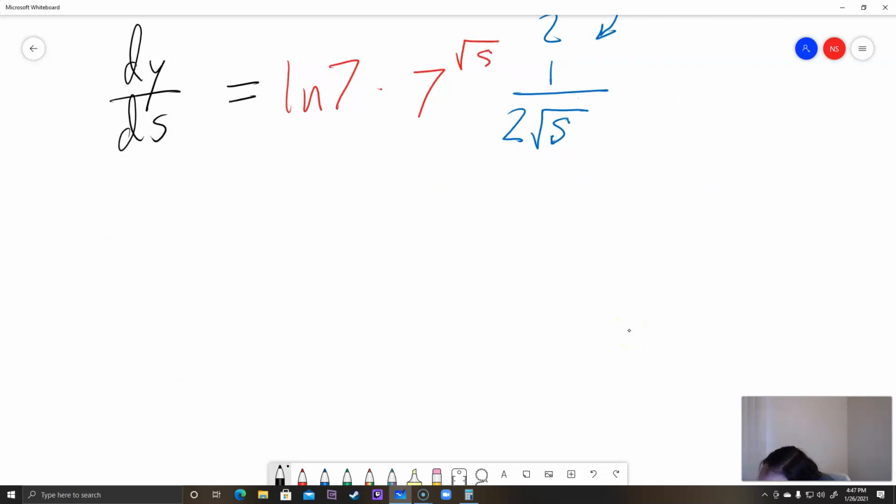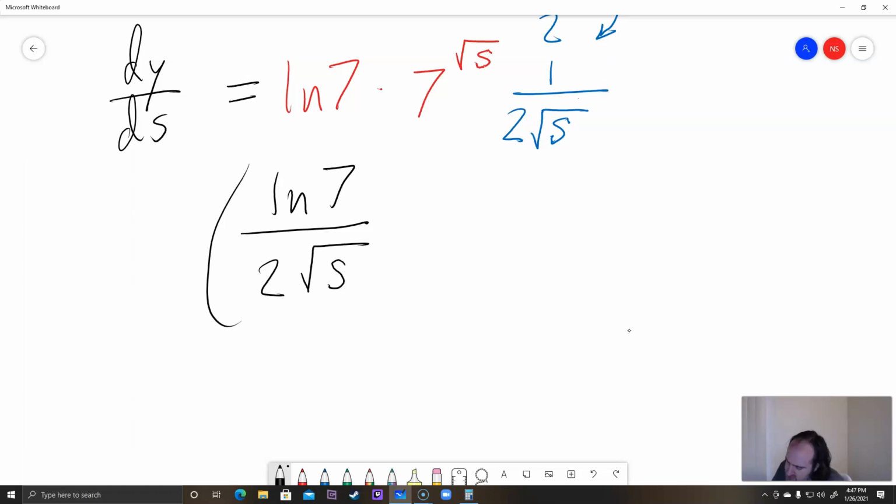Rewriting the order the way they do online on my math lab, they write the ln of 7 in the numerator, the 2 root s in the denominator, and then they bring the exponential out front on the right side. So we've got ln of 7 over 2 root s.